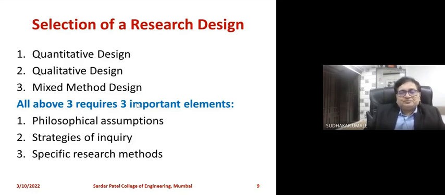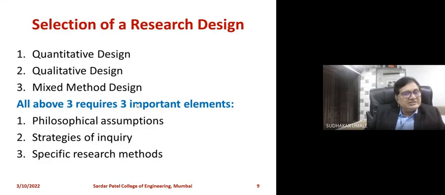And hence, how these 3 research design methods may be considered. All the above 3 require 3 important elements. Without that, we cannot start our selections. One is philosophical assumptions. Already I have explained philosophical assumptions. Second, strategies of inquiry. What is exactly inquiry?